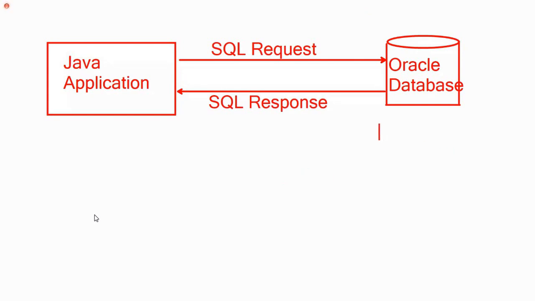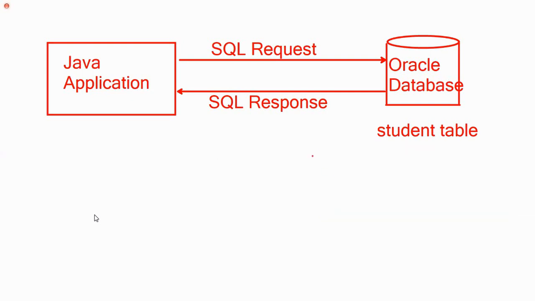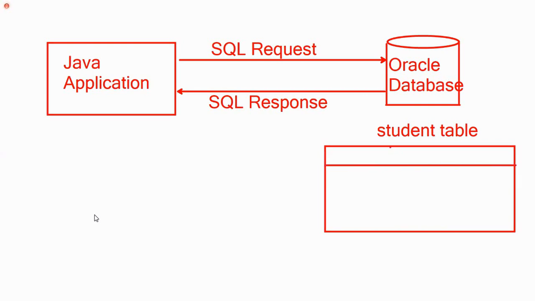Here, suppose one table already present, student table. Suppose already one record or two records present. Roll number, name, marks.